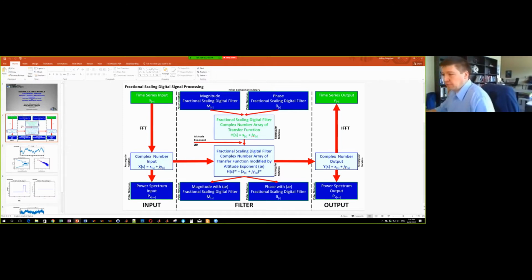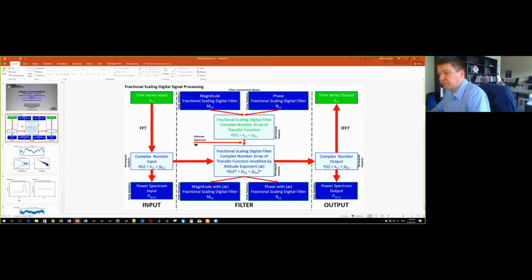Then you can add in the altitude exponent, which would wrap the complex number array, so that essentially it allows you to make every frequency its own bin, so that you could take a complex number array that is initially set to -1 dB, and once you wrap that with the altitude exponent, that complex number array will become a new array where whatever you set that altitude exponent to will be the decibel level of amplification or attenuation at that specific frequency.